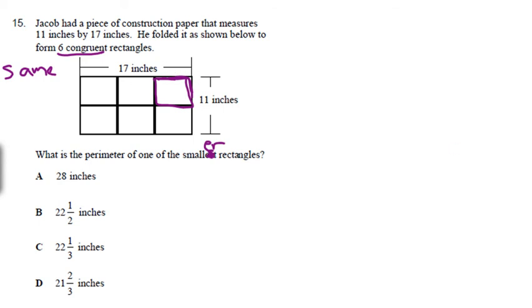So if we consider that 11 inches is the entire height of the shape, and it's split into 2 parts, we need to say, what is 11 divided by 2? So 2 goes into 11 5 times. So it's going to be 10.